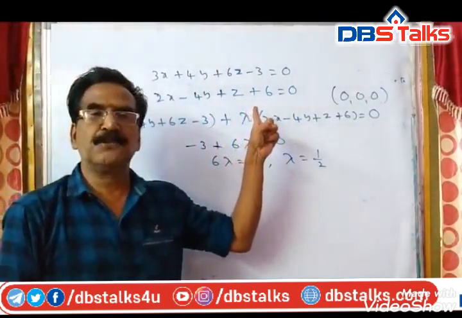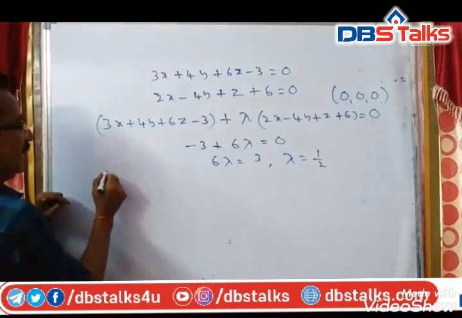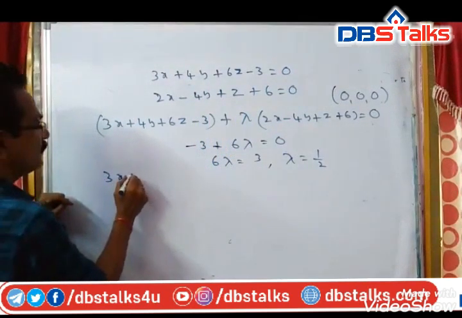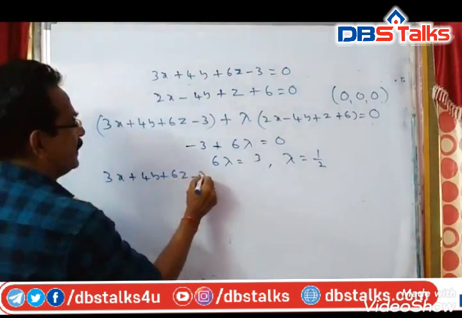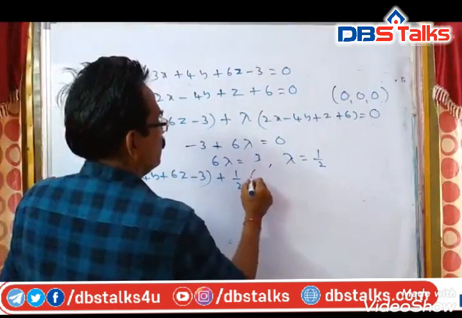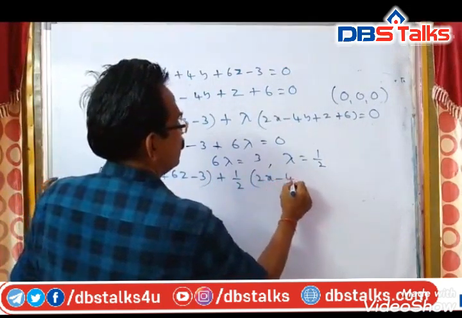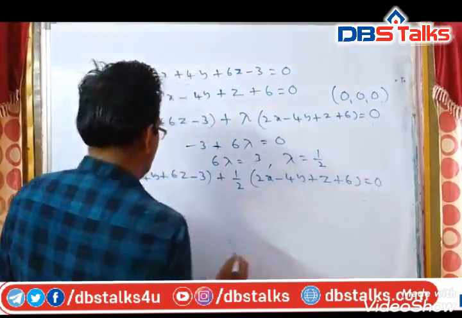So let us substitute the value of lambda here. Okay friends, 3x plus 4y plus 6z minus 3 plus 1 by 2 into 2x minus 4y plus z plus 6 is equal to 0.